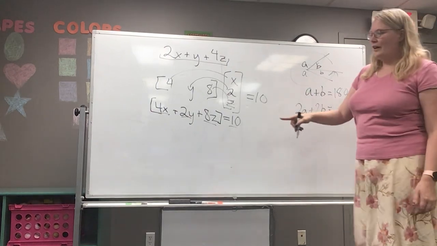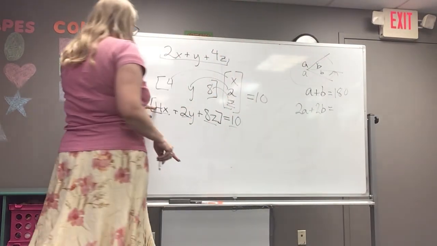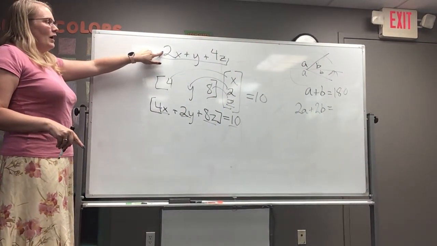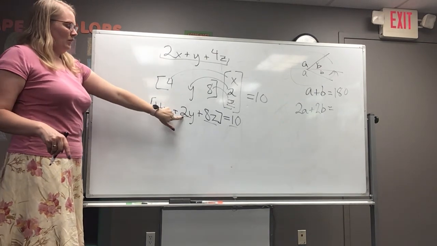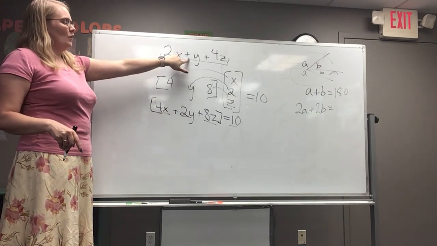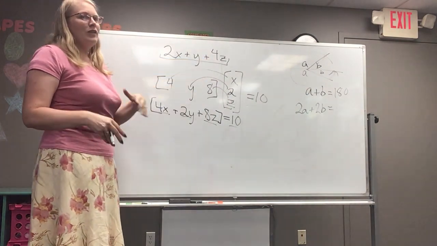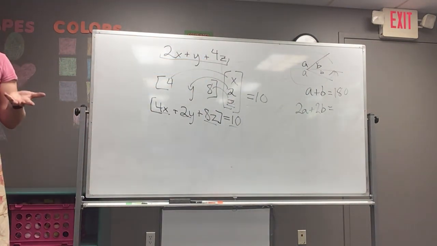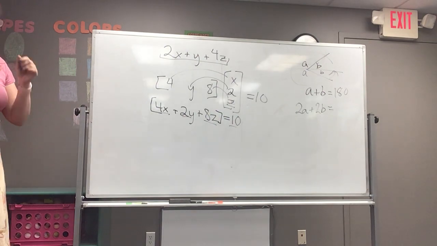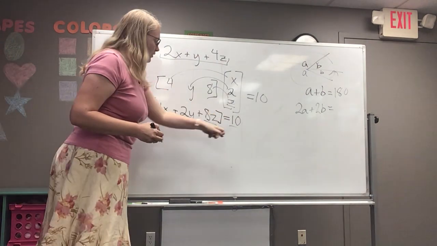Same situation here. We've got 4x right here, and we've got 2x up here, 2y and 1y, 8z and 4z. They're just showing off. They think they're being clever. This entire thing equals 10.